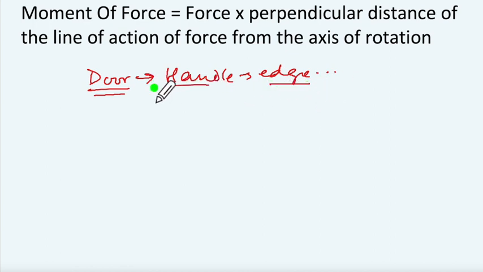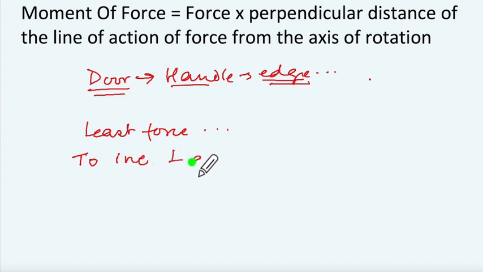So they will ask you a question, the handle of the door is provided at the edge because, and the correct option will be to provide the least force to open or close the door. Because if it is at the edge, they can also say to increase the perpendicular distance of the line of action of force from the axis of rotation.